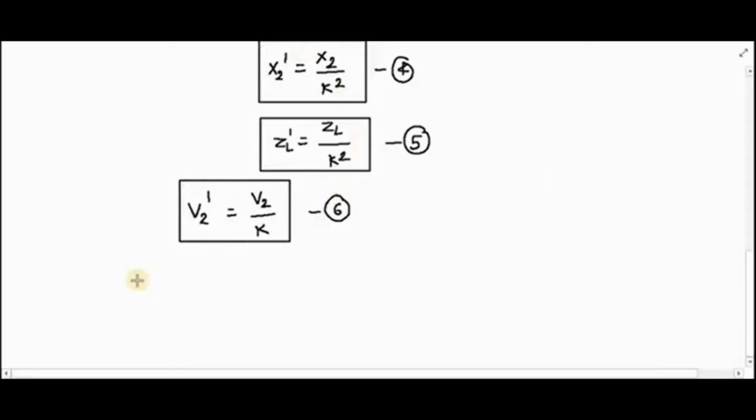So let us draw the equivalent circuit after transferring all the secondary side quantities on the primary side. Primary resistance I will draw as it is, then the primary inductance, leakage reactance, as it is.